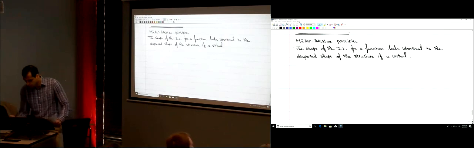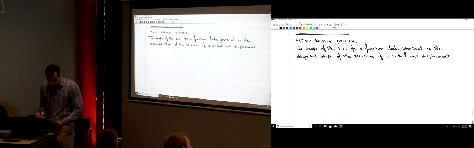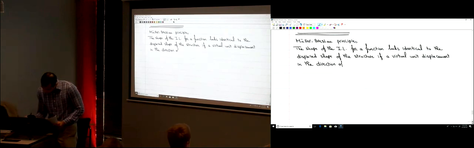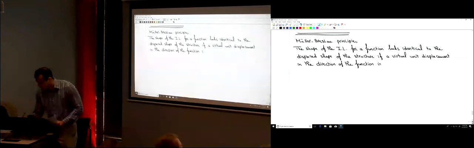If a virtual unit displacement, in the direction of the function, is applied.